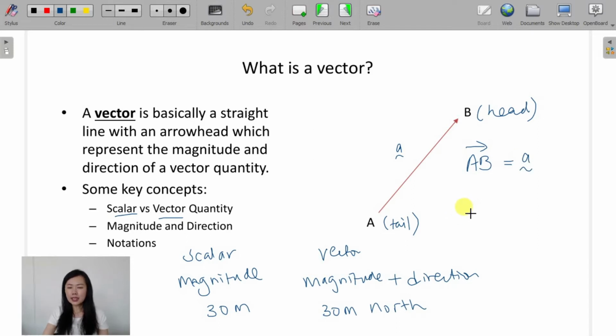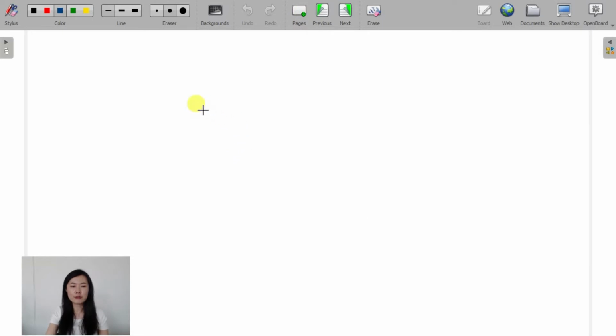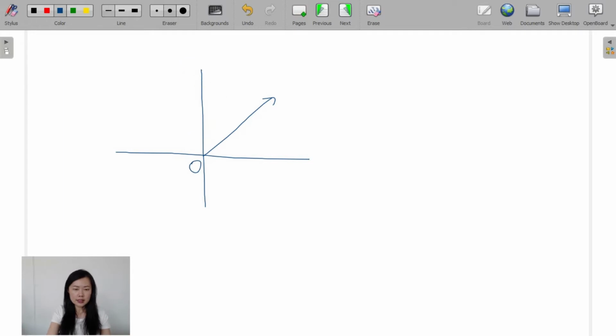All right, so let's say, for example, I'll do a new page so I'm not so cramped up here. Let's say I have a vector. So let's say this is north, east.